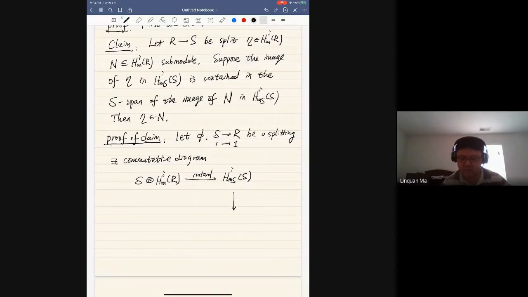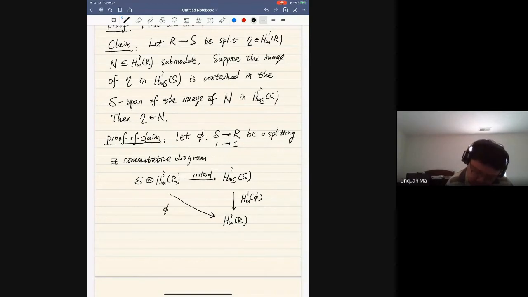So that induces a map from H^d_m(S) to H^d_m(R), where I apply H^d_m of the splitting. But here I have an obvious map, because I could apply phi tensor with the identity map. So phi sends S to R, and the only thing that I have to check is this diagram commutes.